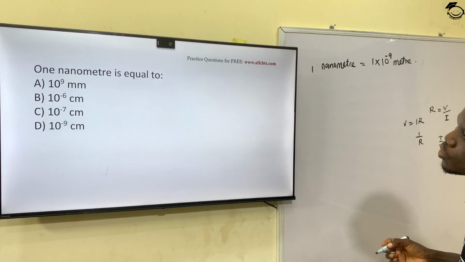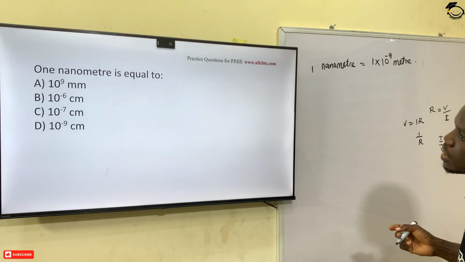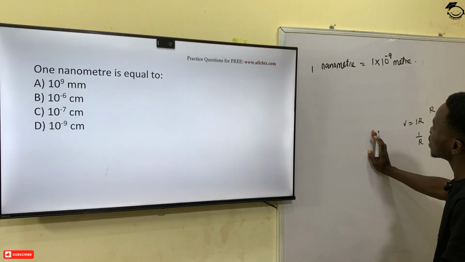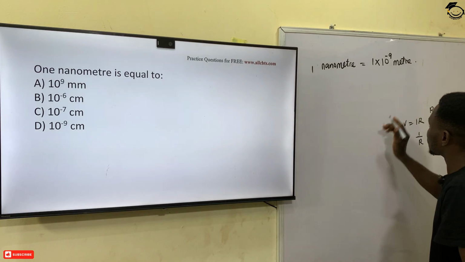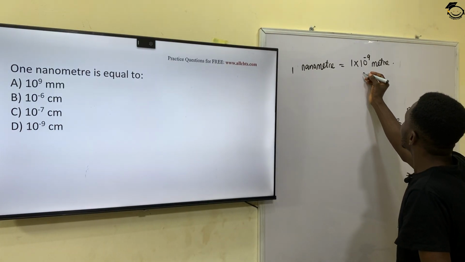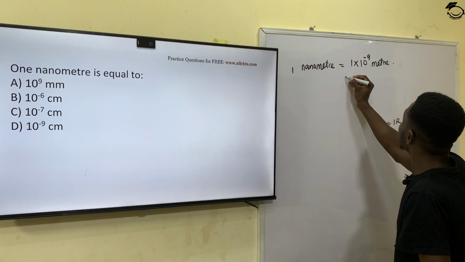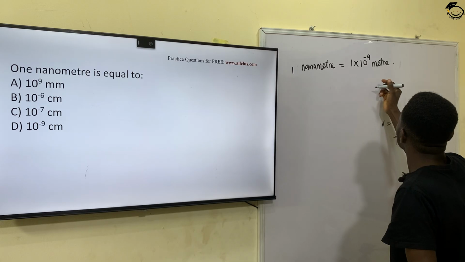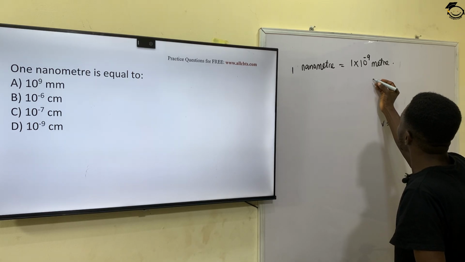All our options have millimeters and centimeters, so we have to convert this to millimeters and to centimeters and find out what the answer will be. To convert this to centimeters to start with, I'll have to divide this by centi.